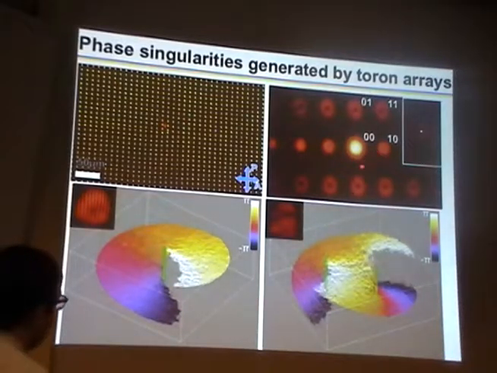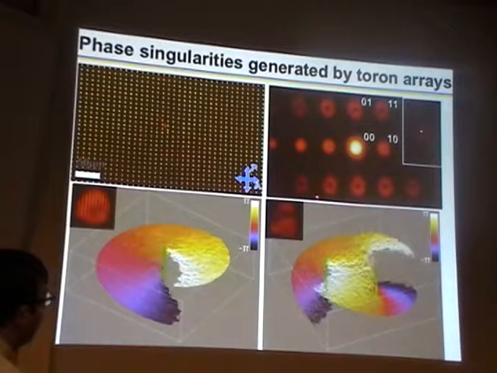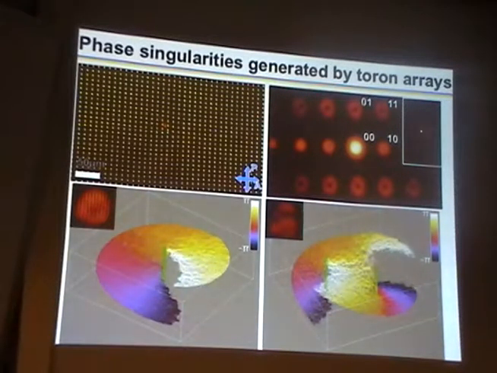Indeed, if we were now to take one of them and study the optical phase profile, you would note that all of those laser beams have a phase singularity in them, and this is the reason why the intensity of laser light goes to zero in the very center of such first diffraction order beams.